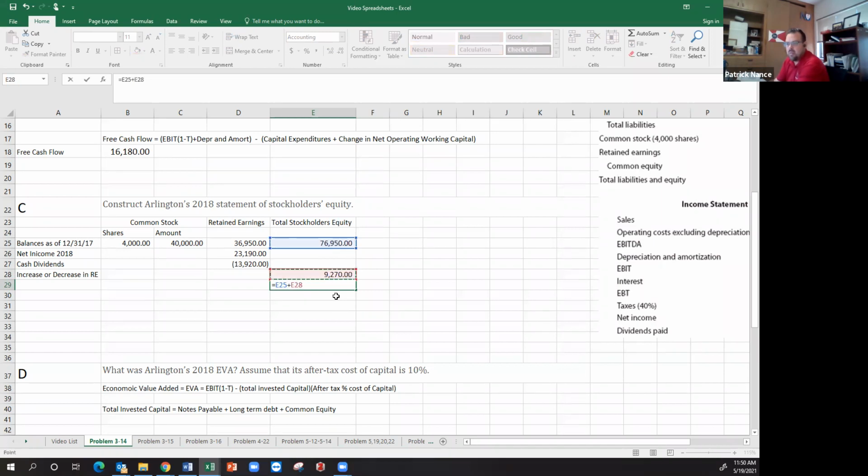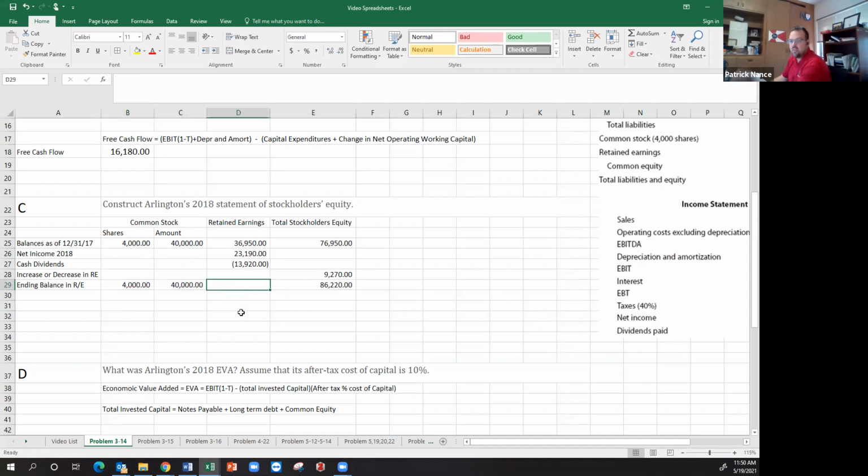I'm going to add that to my 76,950, my beginning balance, to get my ending balance. And I can bring these down too, because these would be the same. I didn't issue more stock according to what I'm seeing. Okay, so that's a statement of stockholders' equity for Arlington.